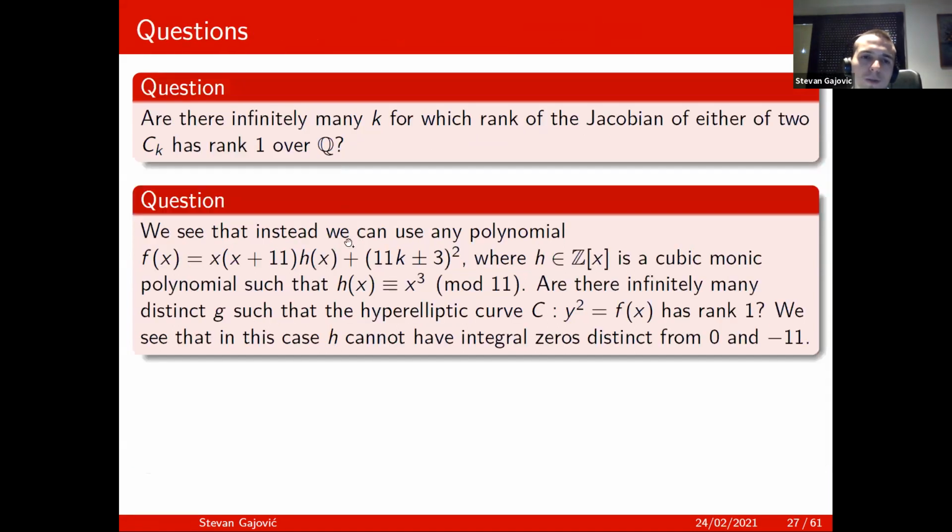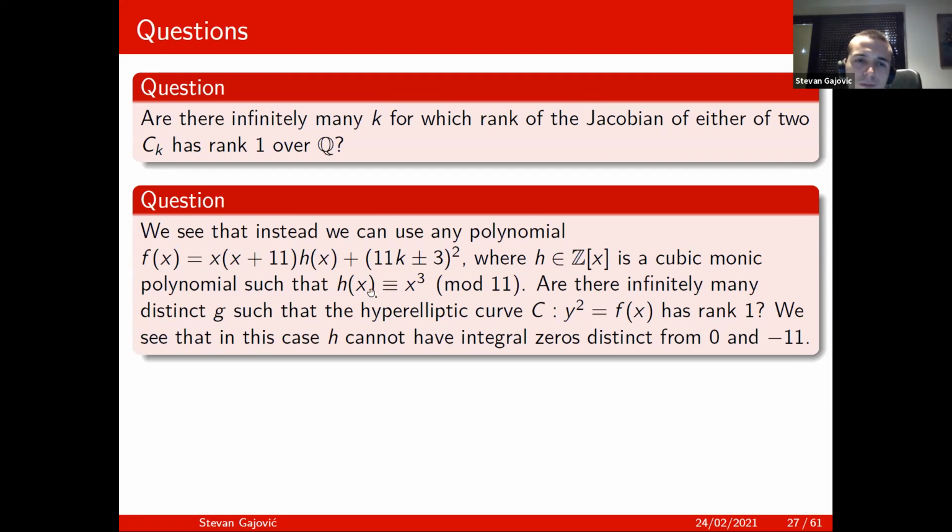Of course, we can replace x cubed by any cubic polynomial that reduces to x cubed mod 11. So in this way, we can construct more potentially sharp curves. And then maybe because we allow more freedom, maybe in this family there will be a way one day to prove that there are infinitely many distinct polynomials h such that this hyperelliptic curve has rank 1.